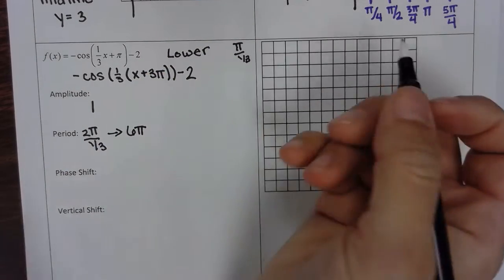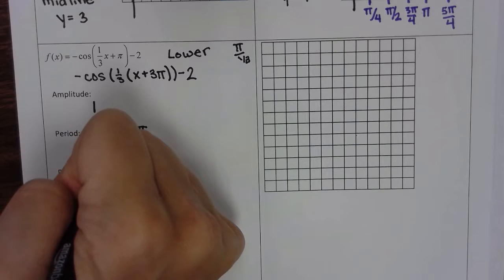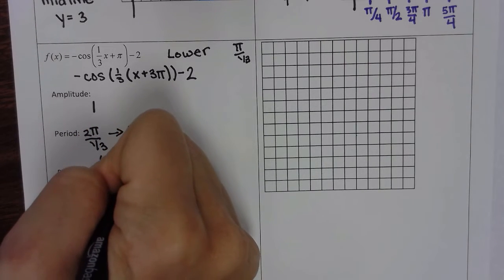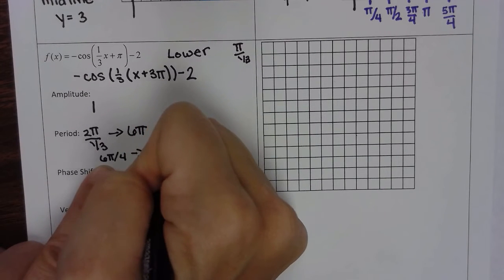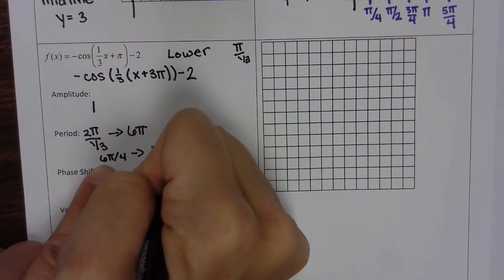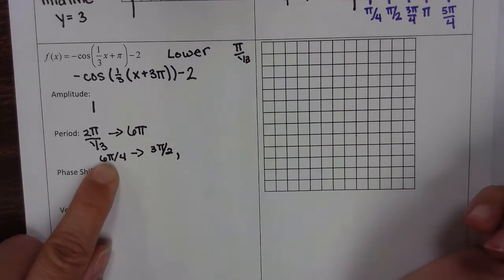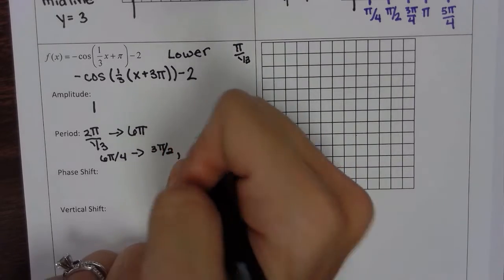Now, when we break this up, remember that we're looking at our period divided by 4, okay? So that gives us going by 3 pi over 2. So if I kept adding 3 pi over 2 to itself, 3 pi over 2 plus 3 pi over 2 is 6 pi over 2.